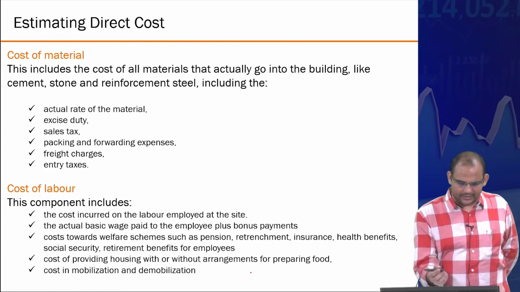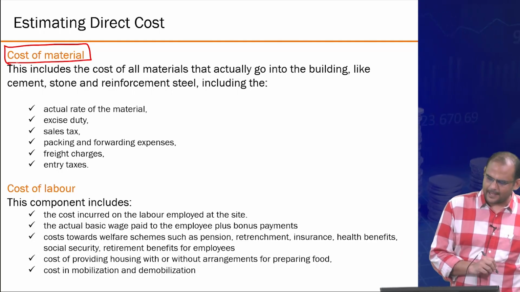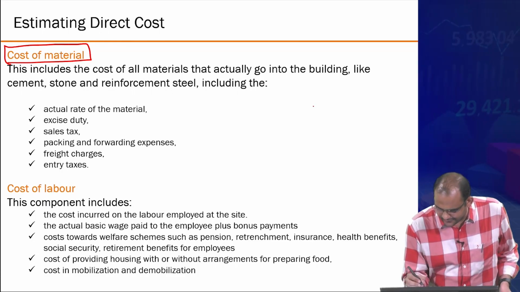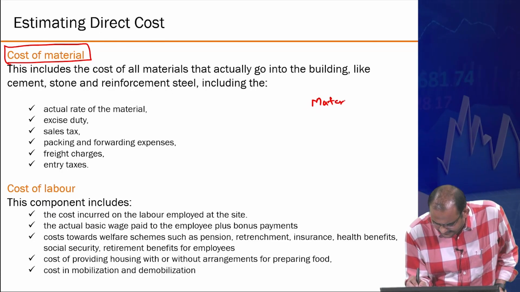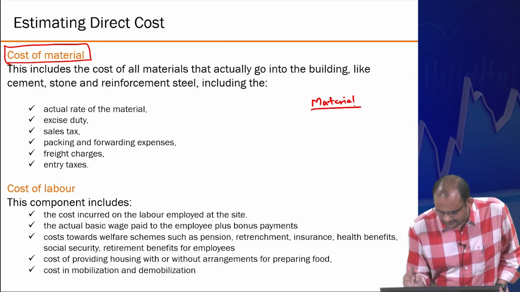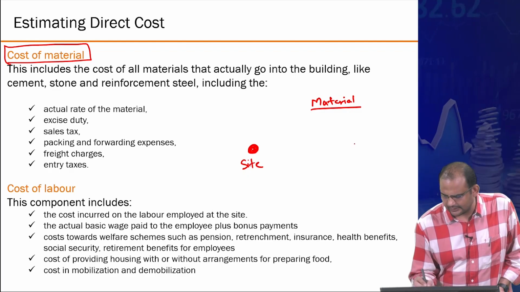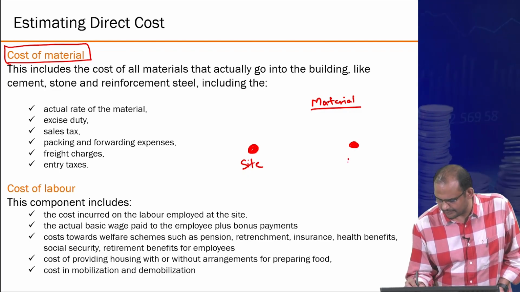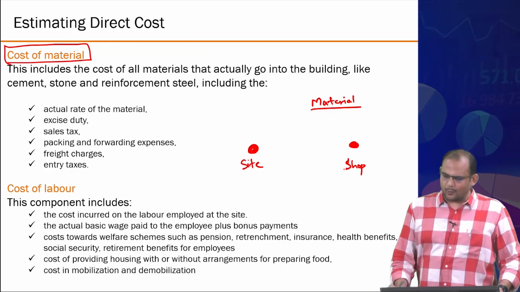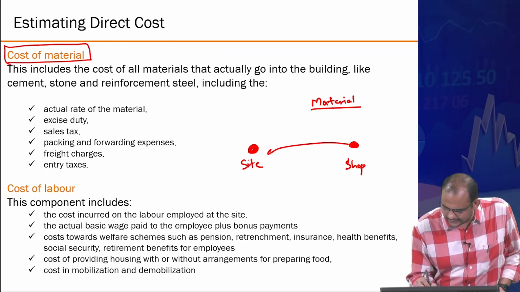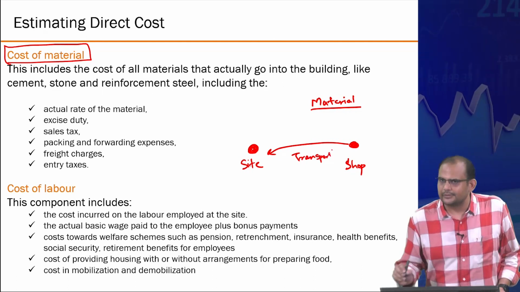So direct cost, when you're talking about cost of materials, let me give you an example. When you are buying material that is not being produced at the site, maybe from a shop, there is going to be a transportation cost, right?